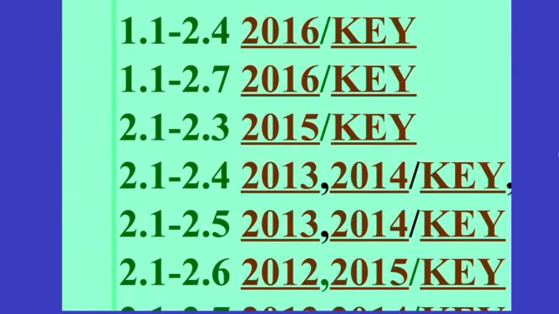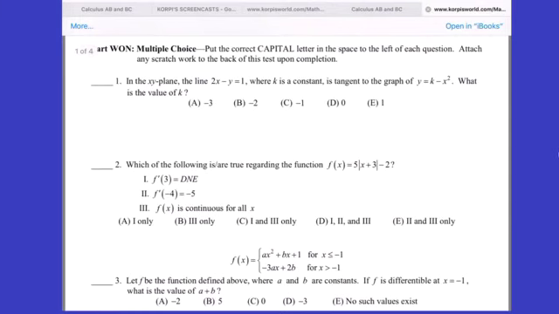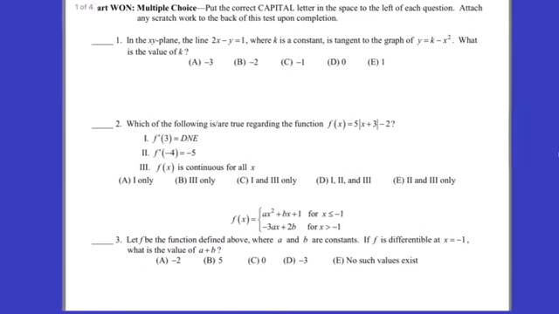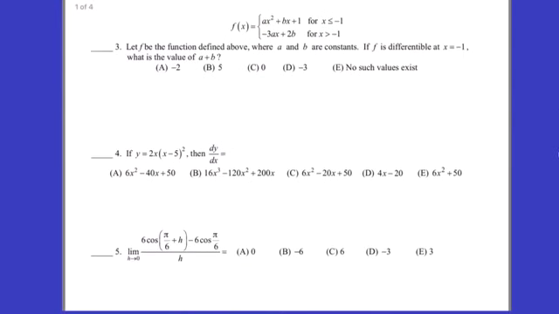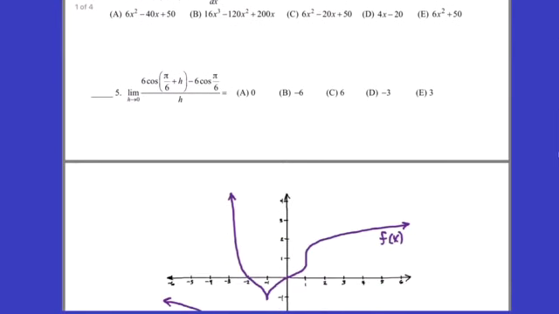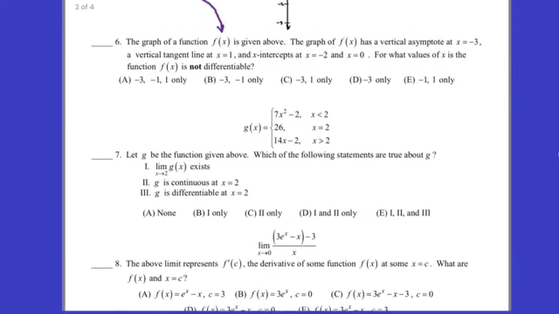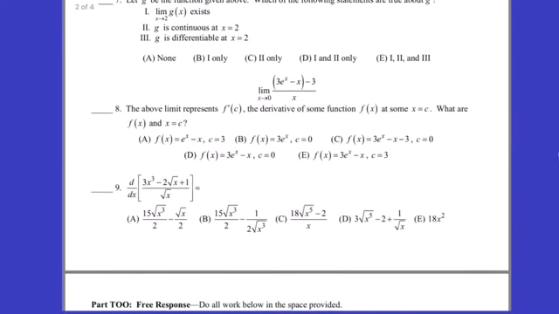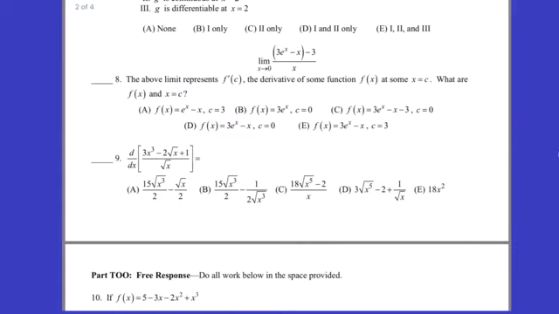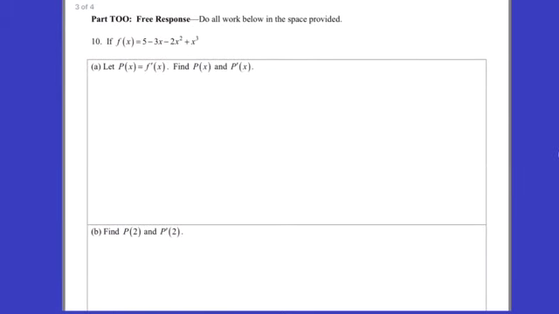There's only one that says 2.1 to 2.3. It's from 2015. So that is the one that I modified. Okay? So I literally had that in front of me, and I was going through and kind of just changing the questions a little bit. So if you could do this test, I think that you're going to make 100 on the one on Thursday.